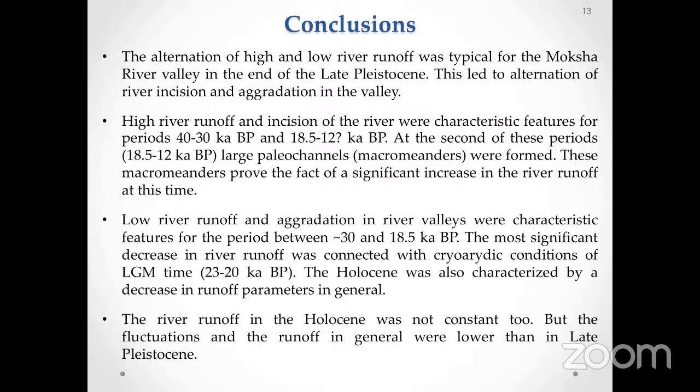However, river runoff in the Holocene was not constant either, but the fluctuations and the runoff in general were lower than in the late Pleistocene. A more detailed reconstruction of the Holocene history could be the theme of a new separate future study. In this study, we focused mostly on the late Pleistocene.